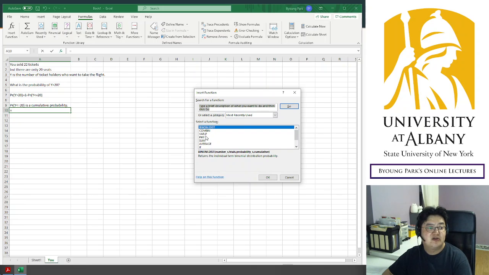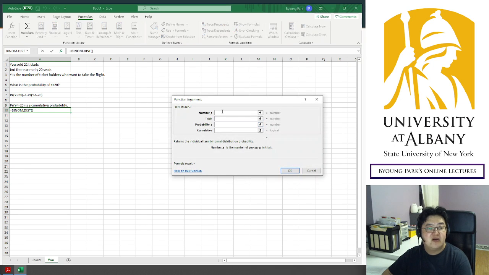So choose the binomial distribution formula. In this case, we are interested in the number of successes, the number of non-cancellations, 20 or smaller, and there are 22 trials. Out of 22 reservations, we are interested in 20 or smaller, and the probability of success is 90%.